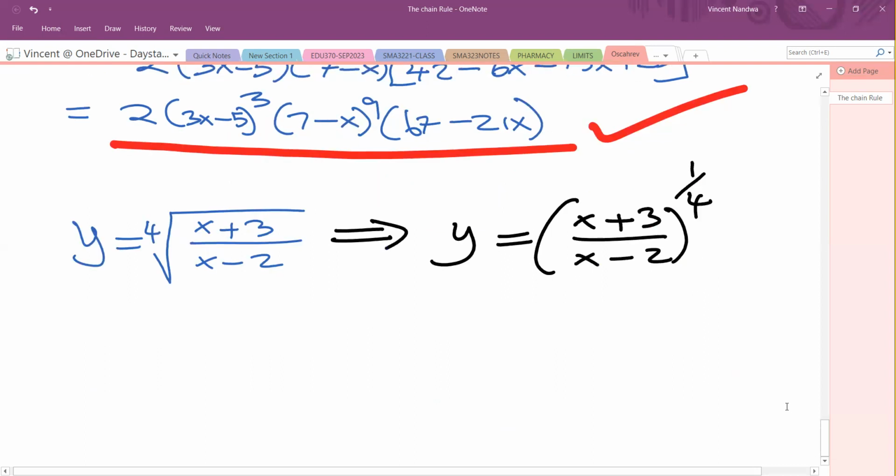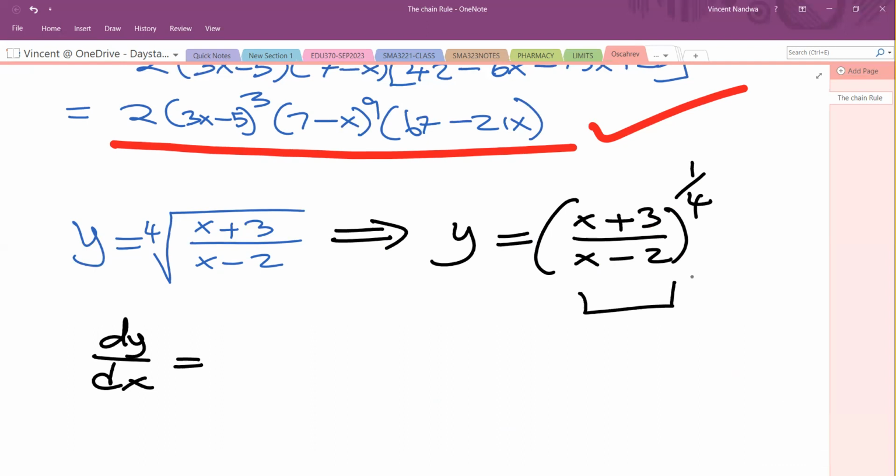So dy/dx. Remember, you should be able to see that all of what is inside can be fixed to be u. So tukitumia chain rule, let's just write.